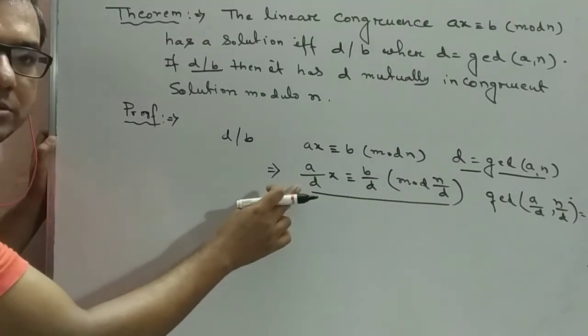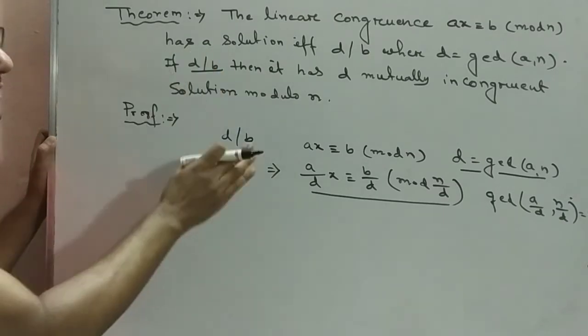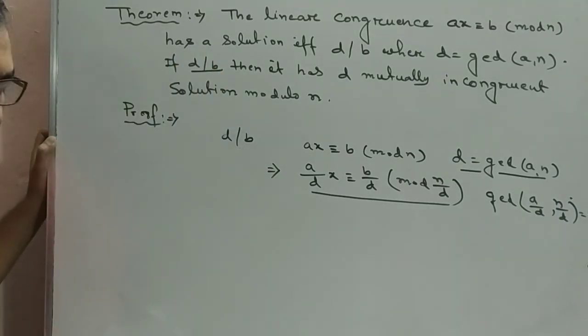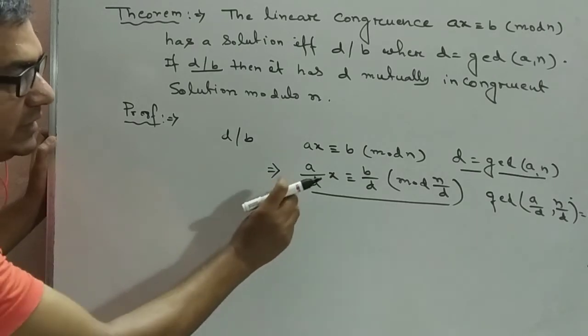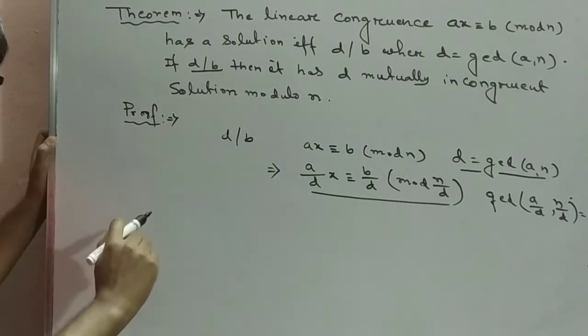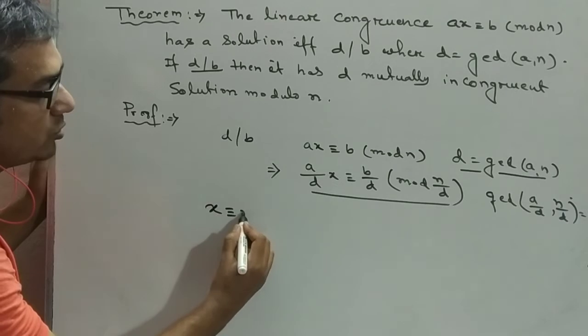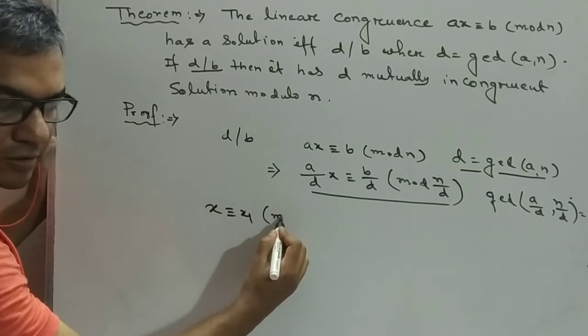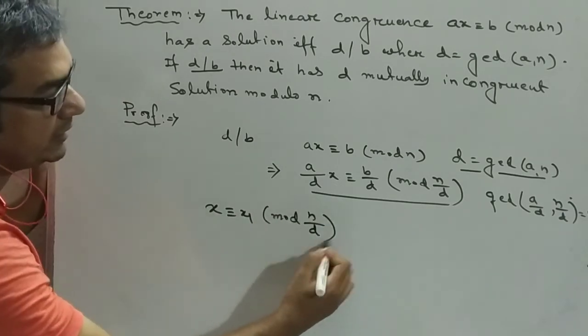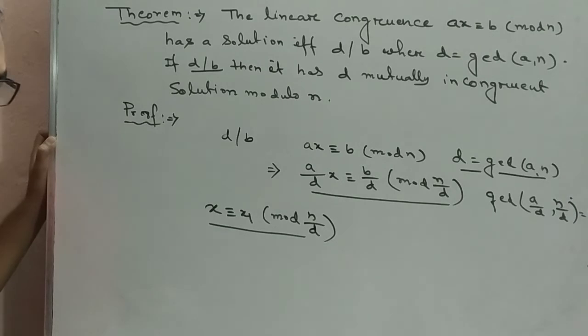We proved this result before this theorem. So this linear congruence has a unique solution, say x congruent to x1 mod n by d. This is the unique solution.